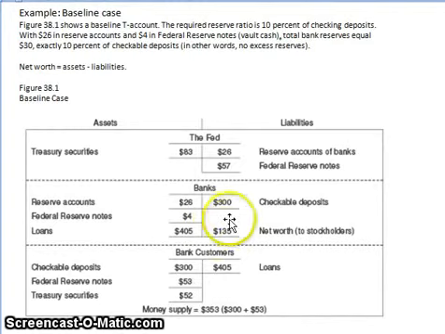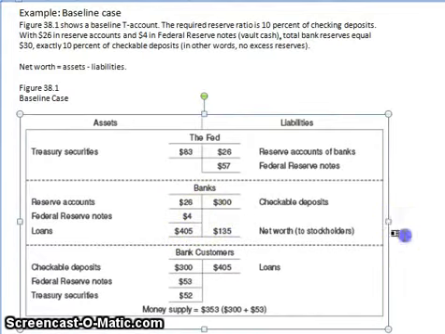It looks like they owe those stockholders $135. And again, if we do our addition here, we see that the bank has $435 of liabilities, which is balanced out with their $435 of assets. So the bank should be in balance here.